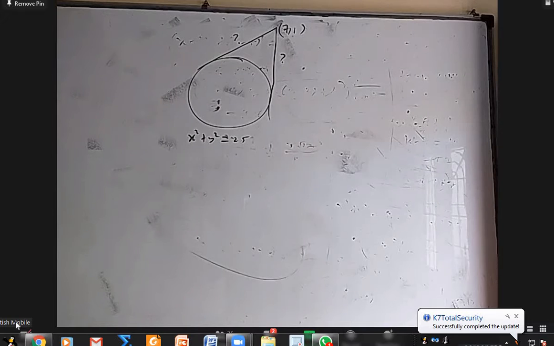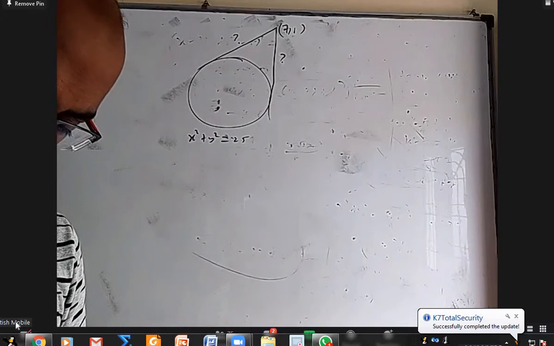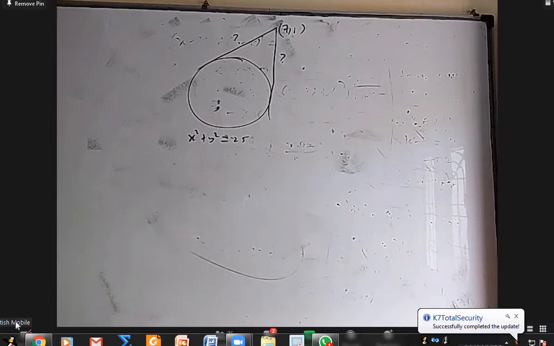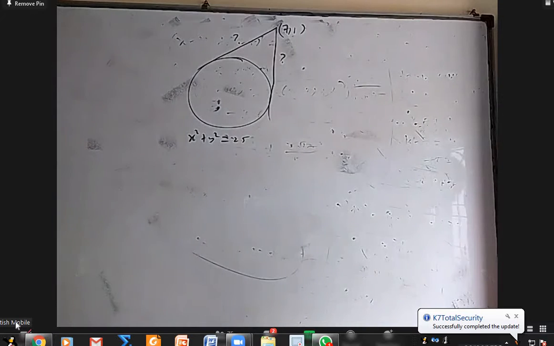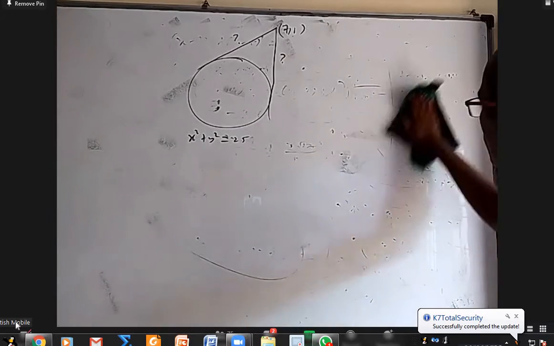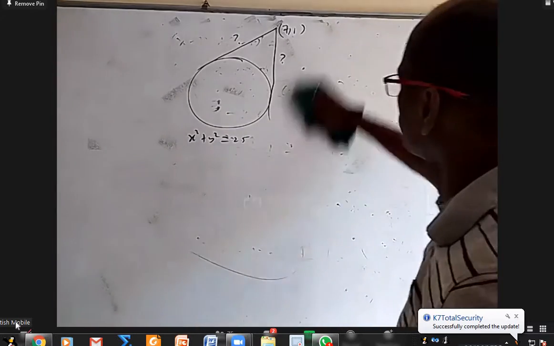If a point is on the circle, S1 equal to 0 would have given the tangent, but the point is outside the circle. Sir, m is minus 3 by 4 or 4 by 3?